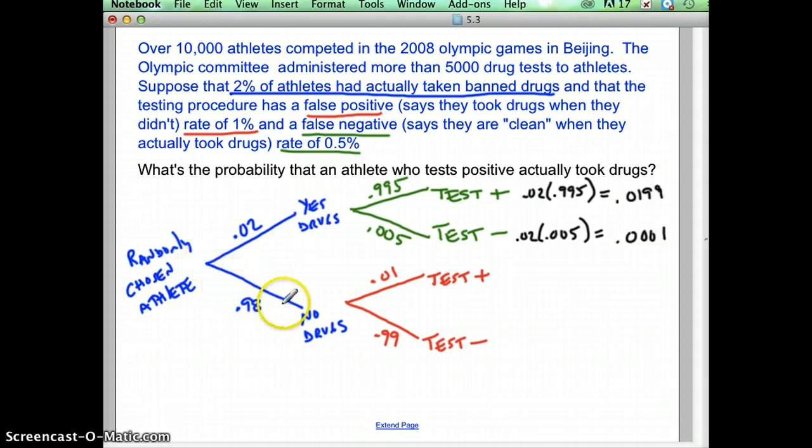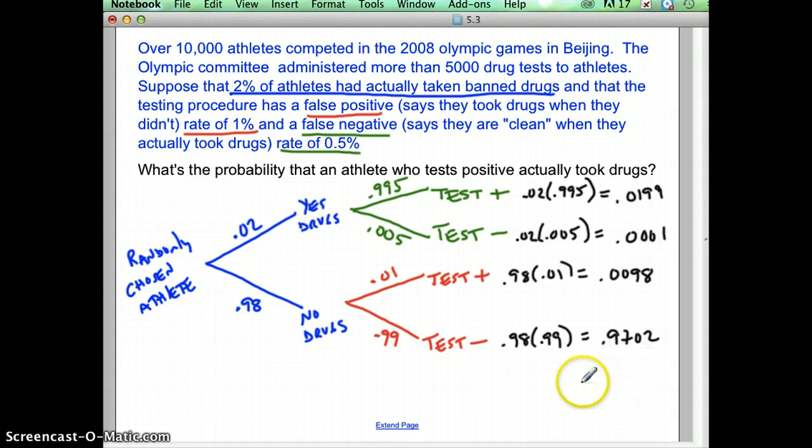Over here, multiply 0.98 times 0.01. And we get 0.0098. And down here, multiply 0.98 times 0.99. And we get 0.9702.